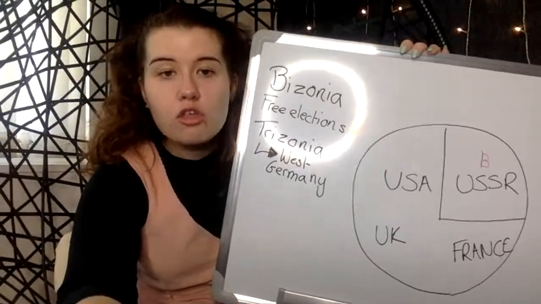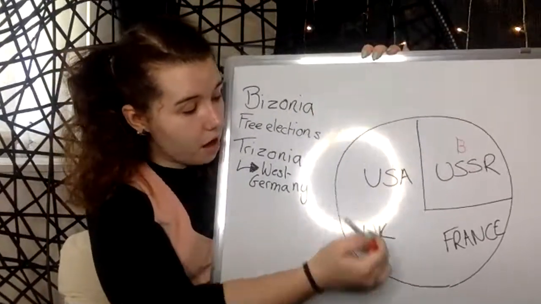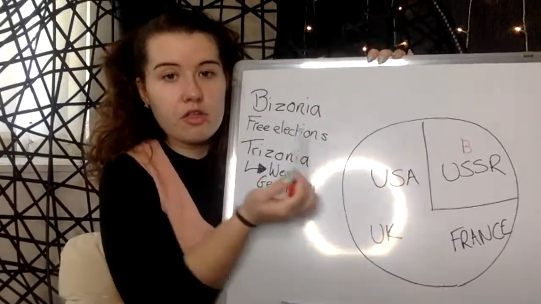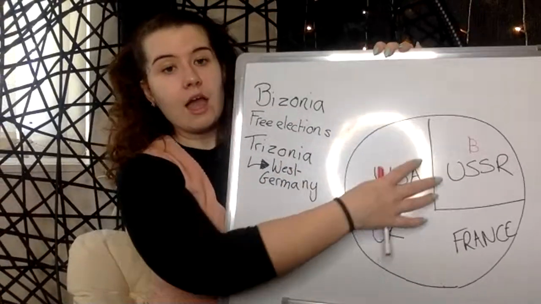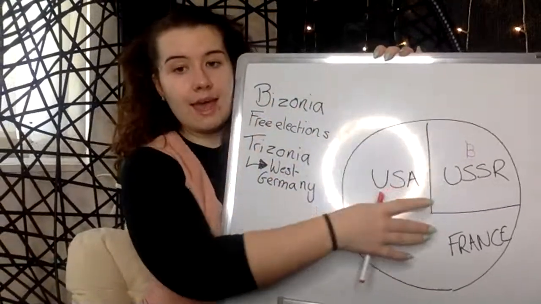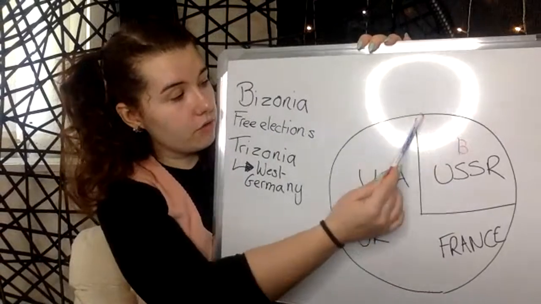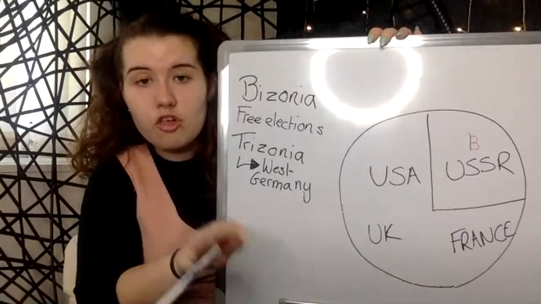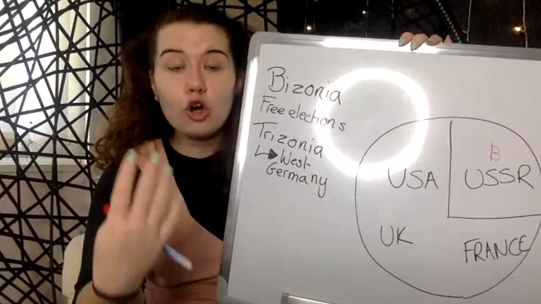So what it is that the West has merged their zones together to create West Germany or Trizonia, and now have a Western capitalist side of Germany. Whereas the USSR have got their zone, they've not merged, they're keeping it as it is, and they are Eastern Germany and they are communist.